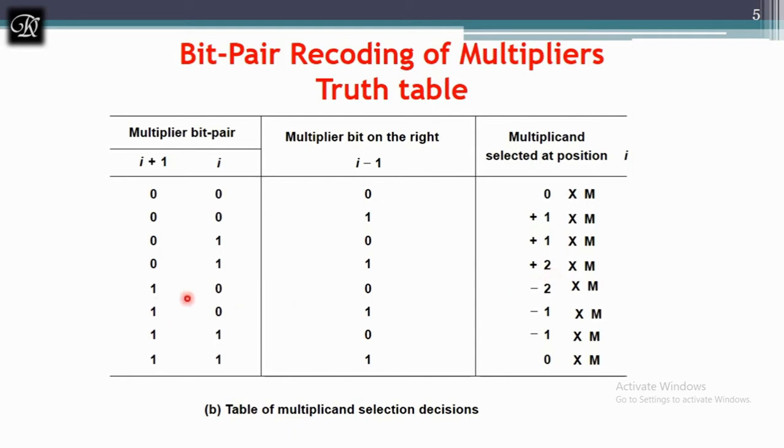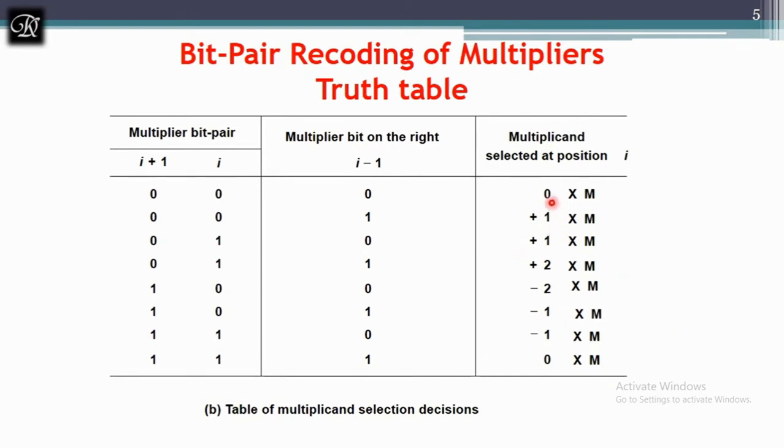When next bit is 1 and previous 2 bits are 0, then it's going to be multiplied with negative 2. And when next bit is 1, previous bit is 1 and current bit is 0, then it's going to be multiplied with minus 1. And when current and next bit is 1 and previous bit is 0, then it's going to be multiplied with minus 1. As I said, when all the bits are the same, it's going to be multiplied with 0.